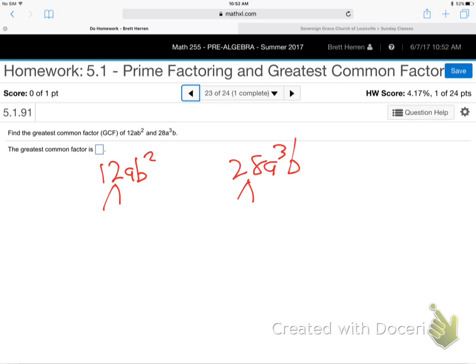So break down the 12. Twelve is 4 times 3, and the 4 is 2 times 2.